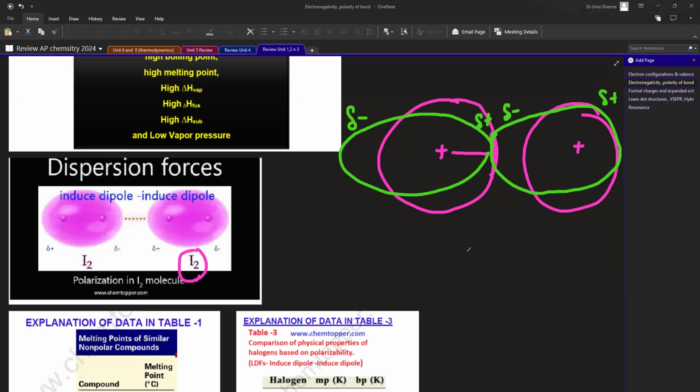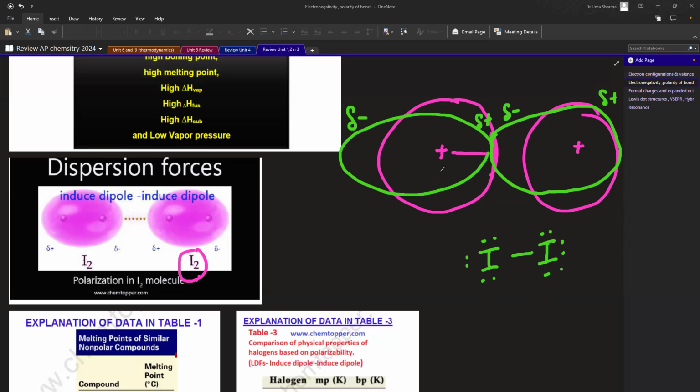So iodine, I2, is this I2 polar or non-polar, children? It is non-polar. So in non-polar molecules, we are not expecting any charge separation.